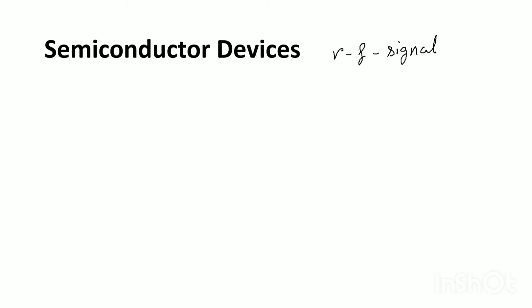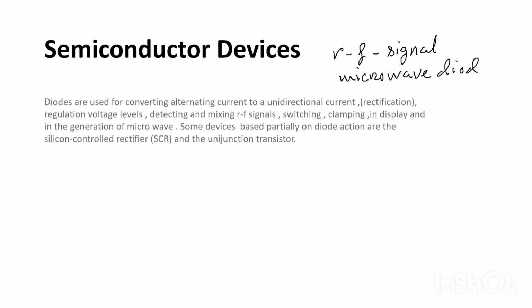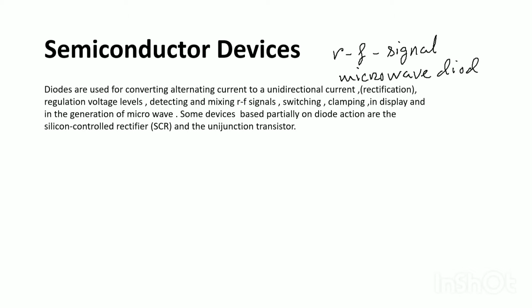Some devices based partially on diode action are the silicon controlled rectifier and the unijunction transistor. The SCR and UJT find wide use in efficiently controlling power delivered to a load.